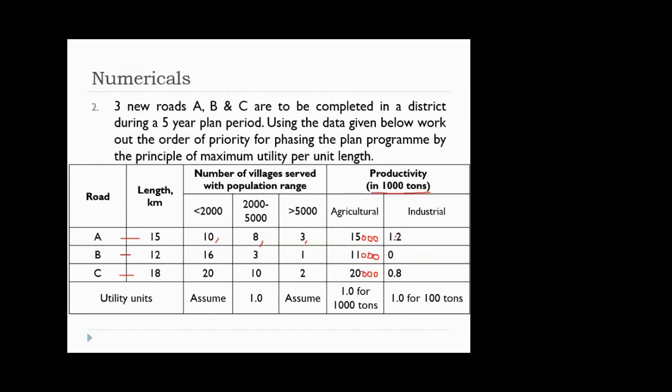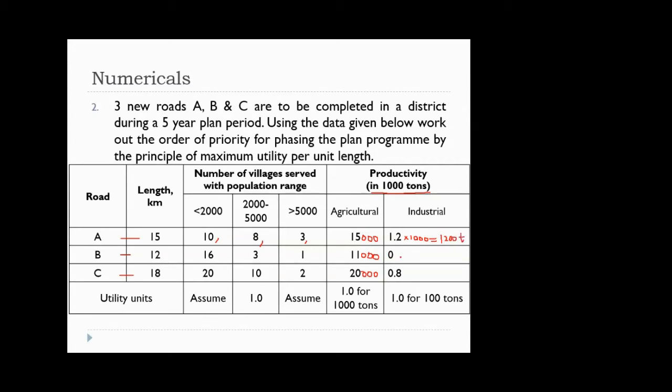Then for industrial, it's 1.2. Again, it is in 1,000 tons. That is, if I multiply 1.2 into 1,000, whatever is the answer, that is the actual industrial productivity that you have. So it's 1,200 tons.